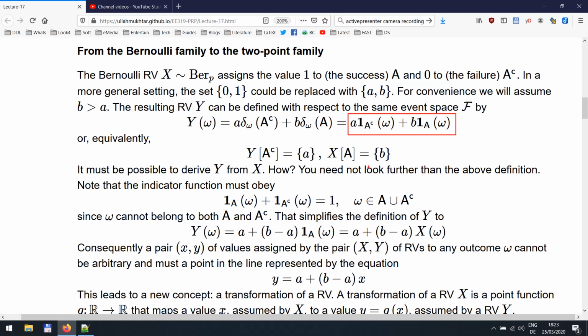Now, if we know that 1_A and 1_A complement must satisfy this equation, we can eliminate one of them by using this equation. So if I, let's say, solve this equation for 1_A complement, it will become 1 minus 1_A, and I can plug this value there, and now see the magic.